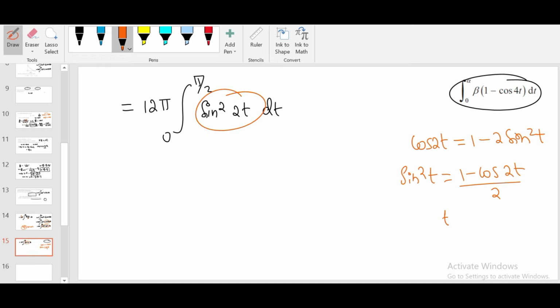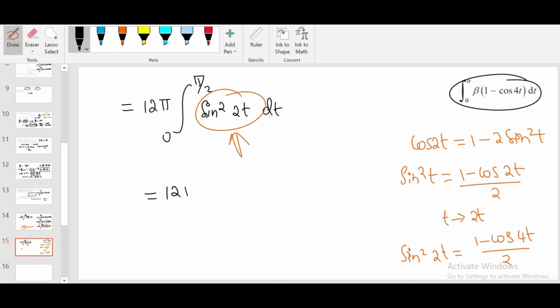So I'm going to replace t by 2t on both sides. So I will get sine square 2t is equal to 1 minus cos 2 times 2t, 4t, divided by 2. That's what I'm going to sub in here. So I will get 12 pi integral 0 to pi over 2 1 minus cos 4t divided by 2 dt.